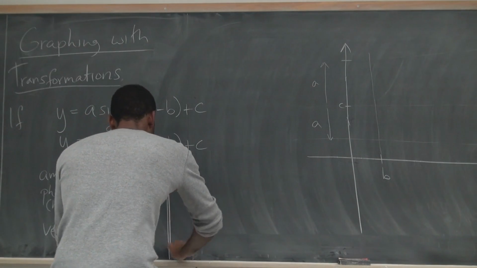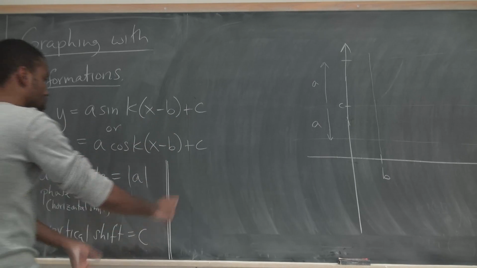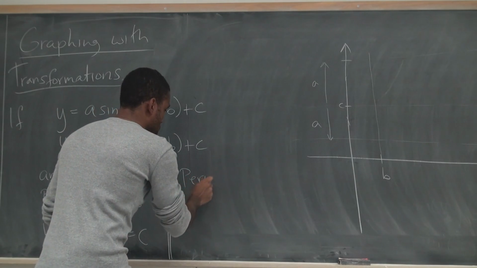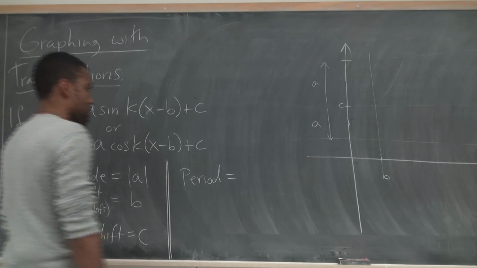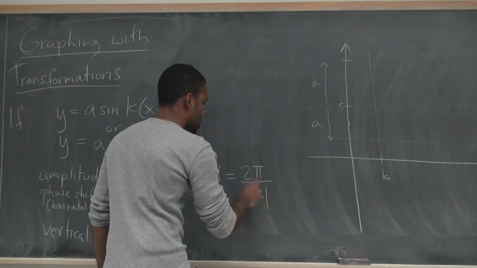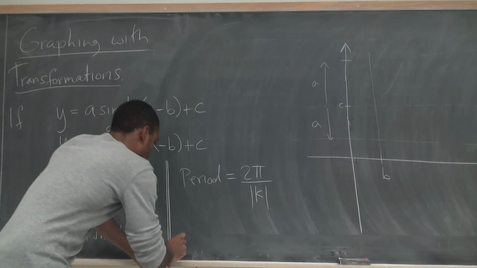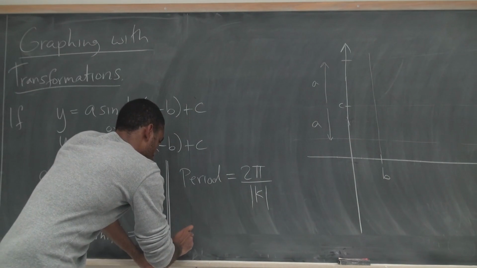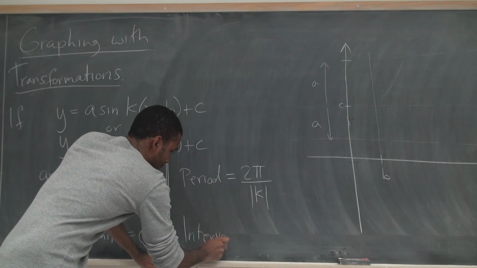Speaking of period, that's how long it takes to complete one revolution. The period is equal to what? It's actually 2 pi divided by the absolute value of k. That would be the period. I've heard it called many different things.